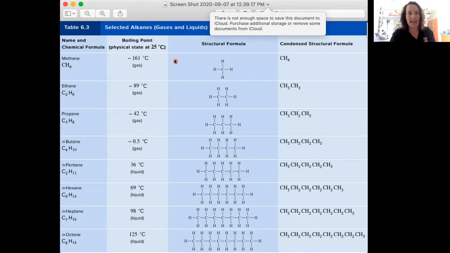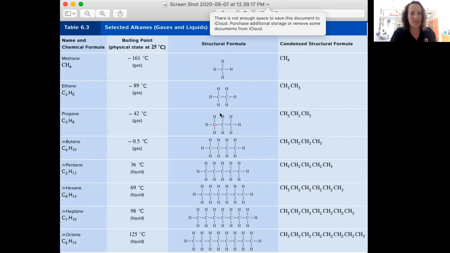Methane at room temperature, 25 degrees, is a gas because its boiling point is negative 161 Celsius. If you can find a place on Earth that's minus 162 degrees Celsius, you'll find methane as a liquid, but I don't know if that place really exists. I can't think of a place that cold on Earth, so methane is a gas here.